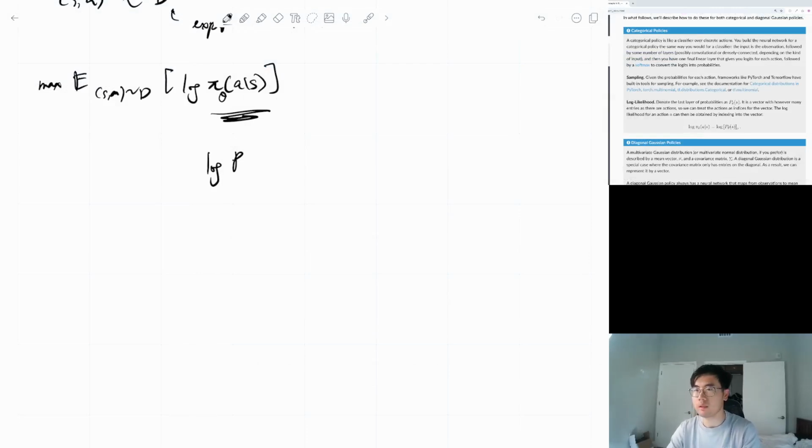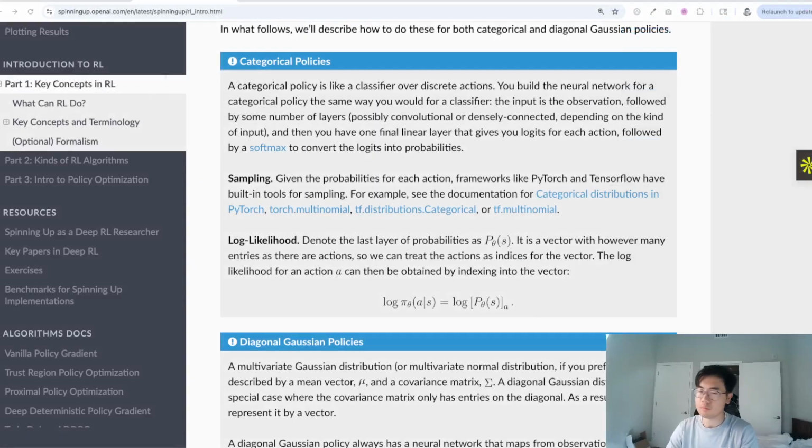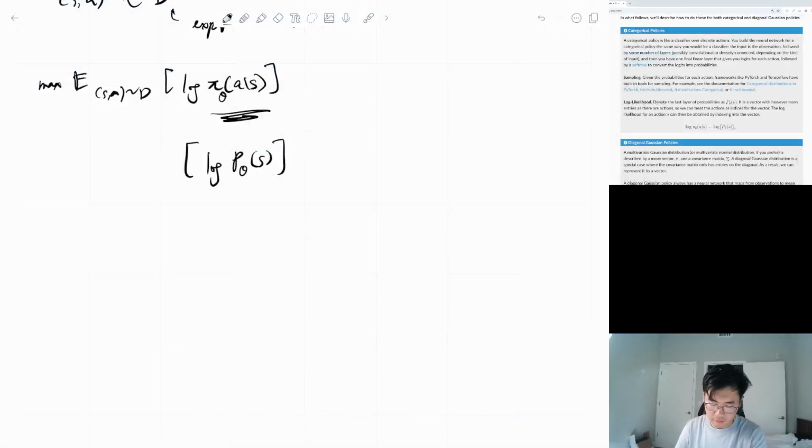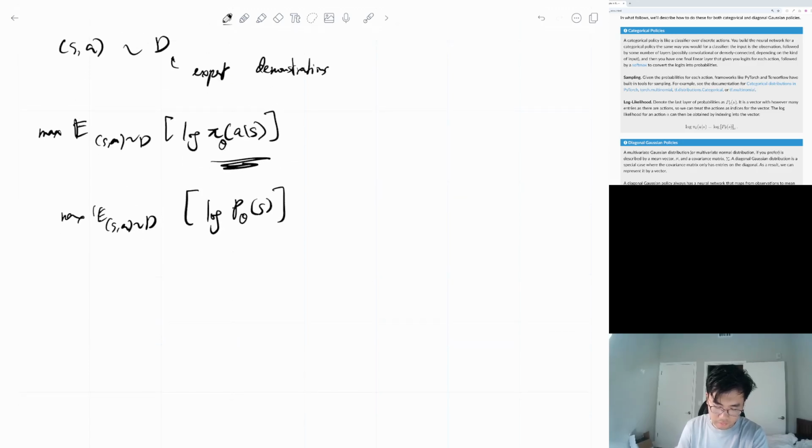Why does this look so bad? Okay, it's because it just happened to be exactly like this. This last layer is exactly P of theta given S. And so your objective is simply maximizing the log probability in the case of categorical.